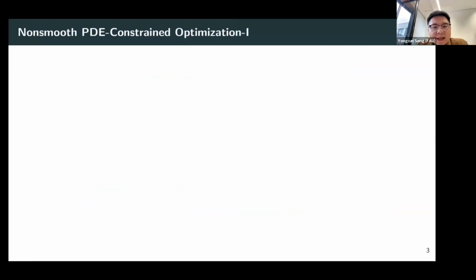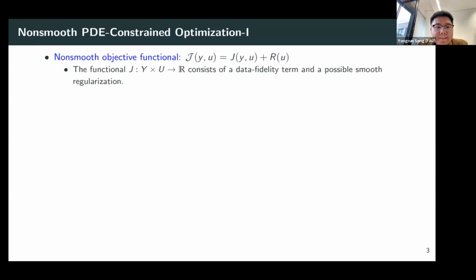And here we consider some non-smooth cases, and we consider two types of non-smoothness. The first case is where the objective functional is non-smooth. Here we write the objective functional in this form. The functional G consists of a data fidelity term and a possible smooth regularization, and generally we assume this G is smooth.